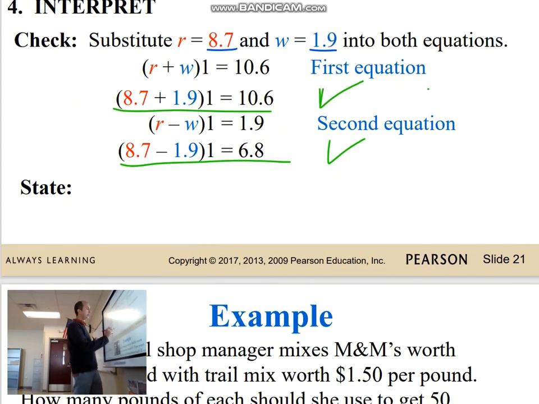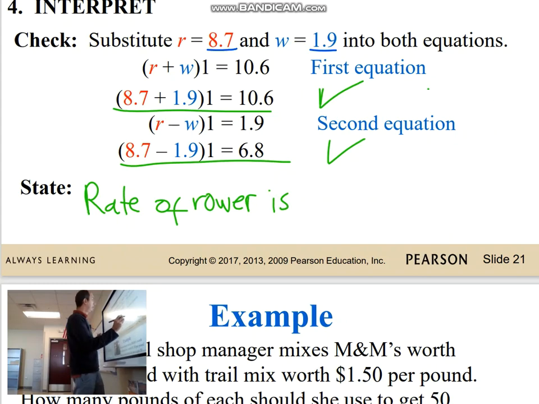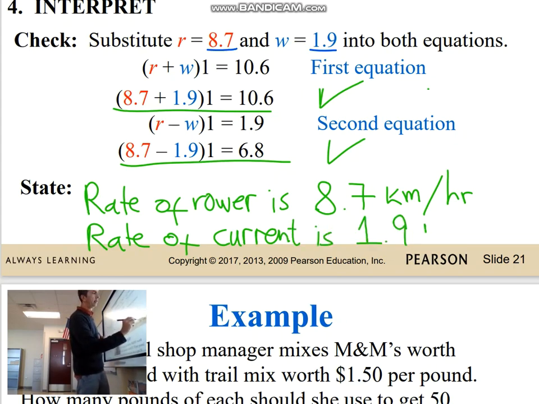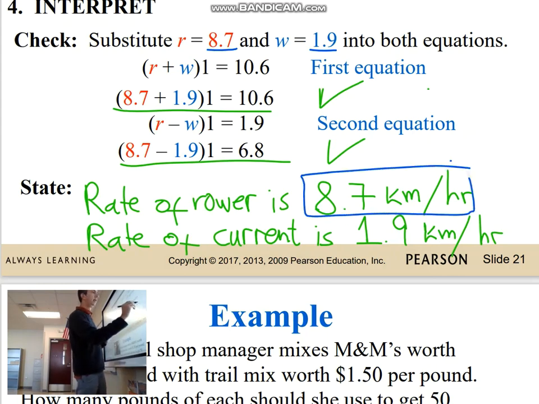That means the rate of the rower we found is 8.7 kilometers per hour, and the rate of the current is 1.9 kilometers per hour. Those are the conclusions. You can say that those values are right. Okay?